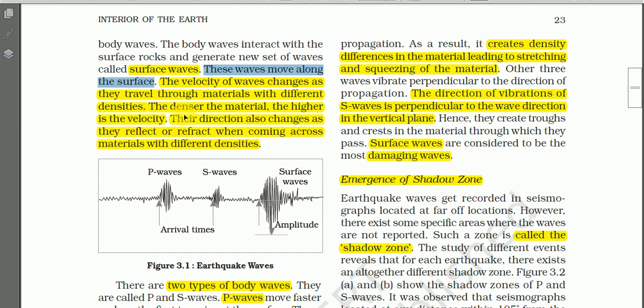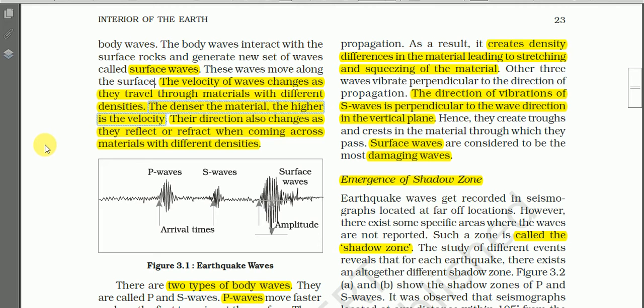And here see some important nature of these earthquake waves. The velocity of waves changes as they travel through material with different densities. That means the denser the material, the higher is the velocity.